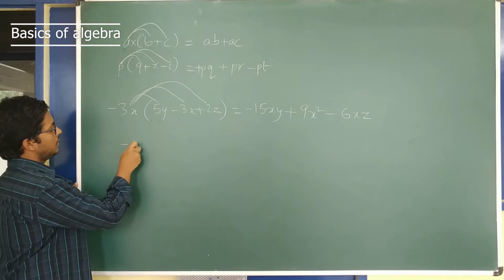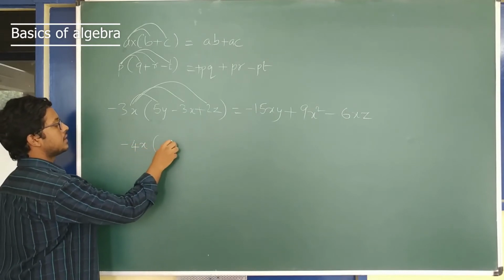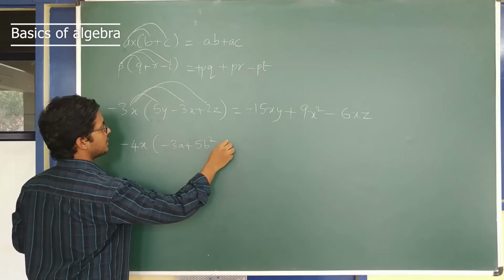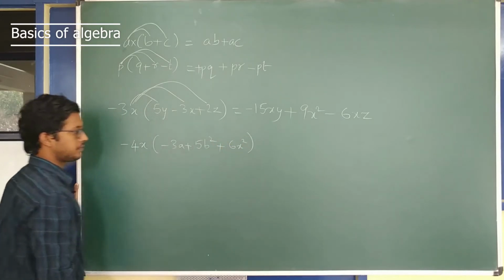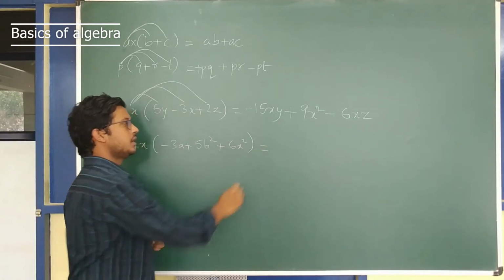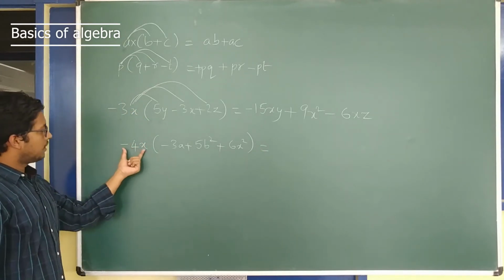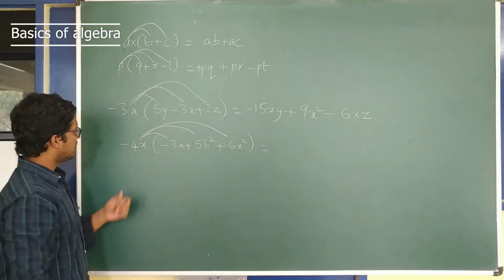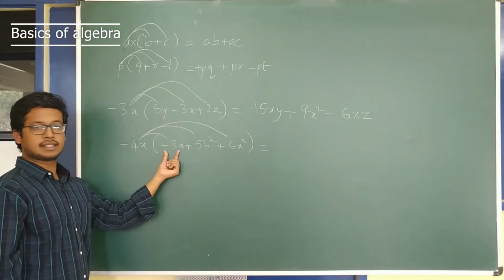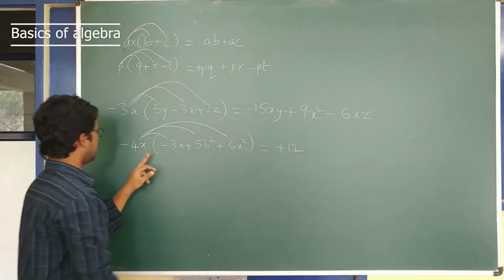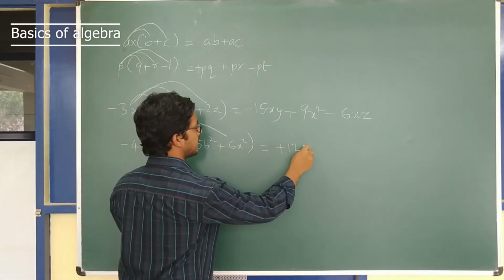For example, minus 4x into minus 3a plus 5b square plus 6x square. Again, we are multiplying a monomial by a trinomial. So, let's see what happens here. Again, take one term, multiply to all the terms. Minus 4x into minus 3a: minus 4 into minus 3 is plus 12, x into a is xa.